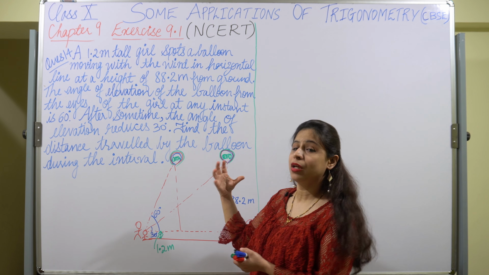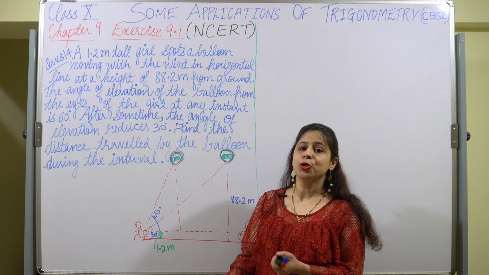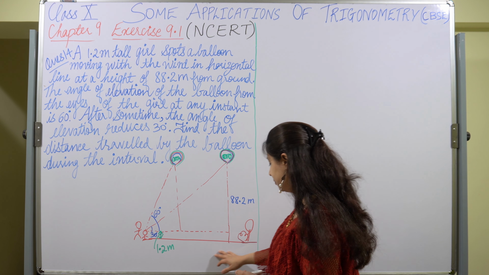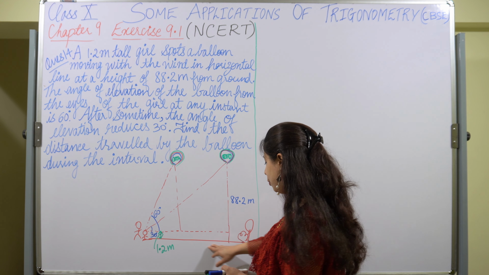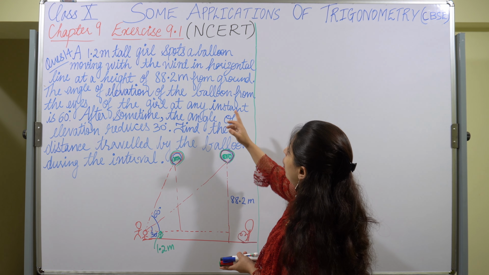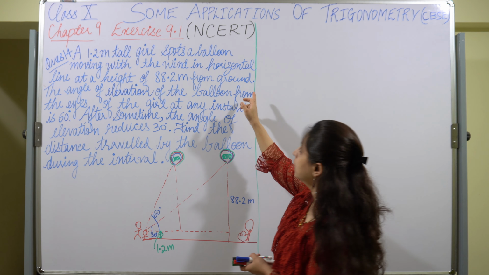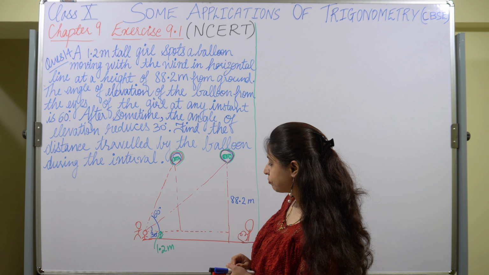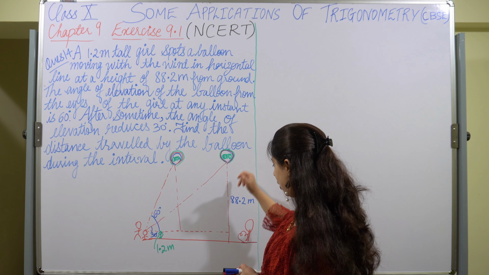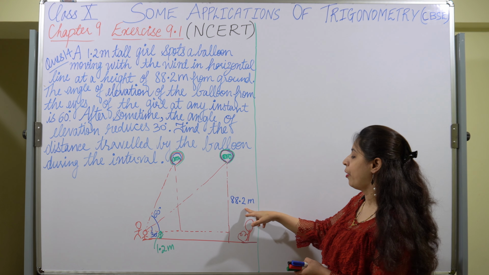And the figure is given in the question itself. The ground level is shown over here. Then the height of the balloon from the ground is shown over here. This height is given from the ground: it is 88.2 meters.